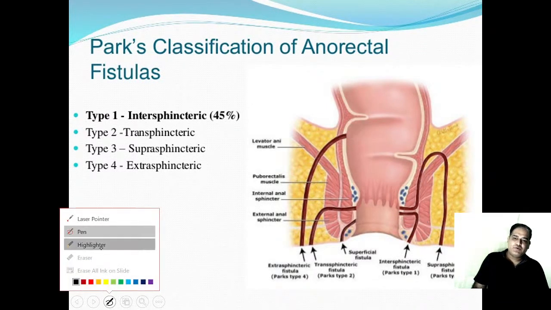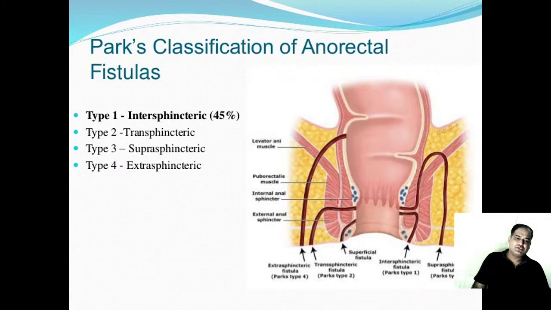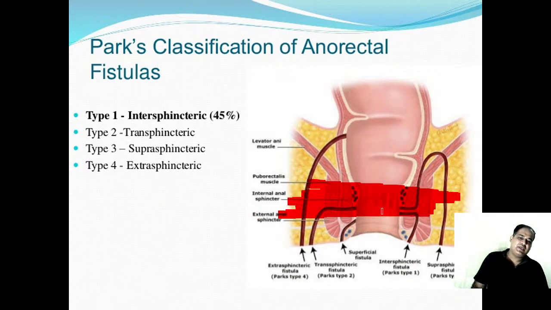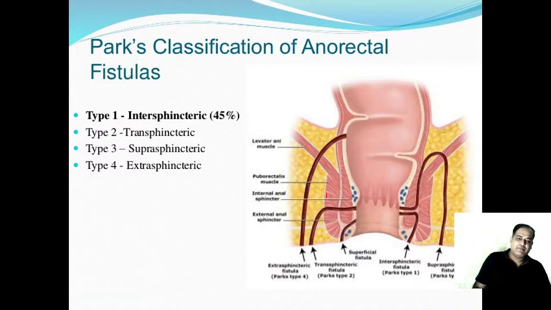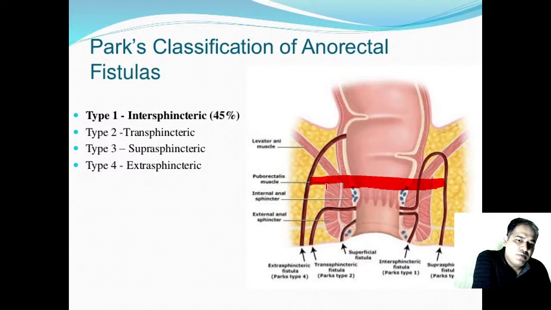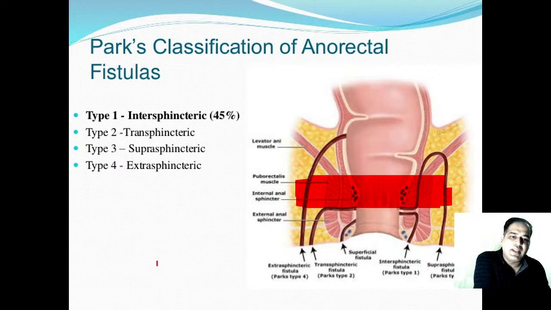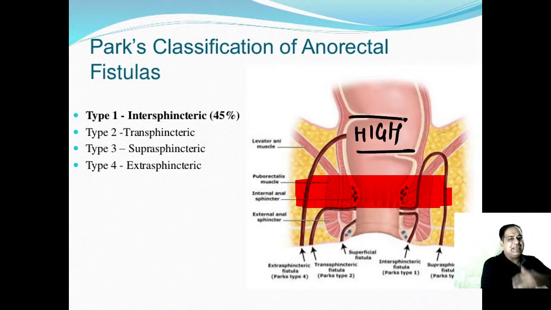One thing more which they ask here: you see, this is the pelvic ring, right? That means the pelvic floor musculature. Now anything which is above the pelvic floor, if the internal opening is above the pelvic floor, this will be called a high type fistula.